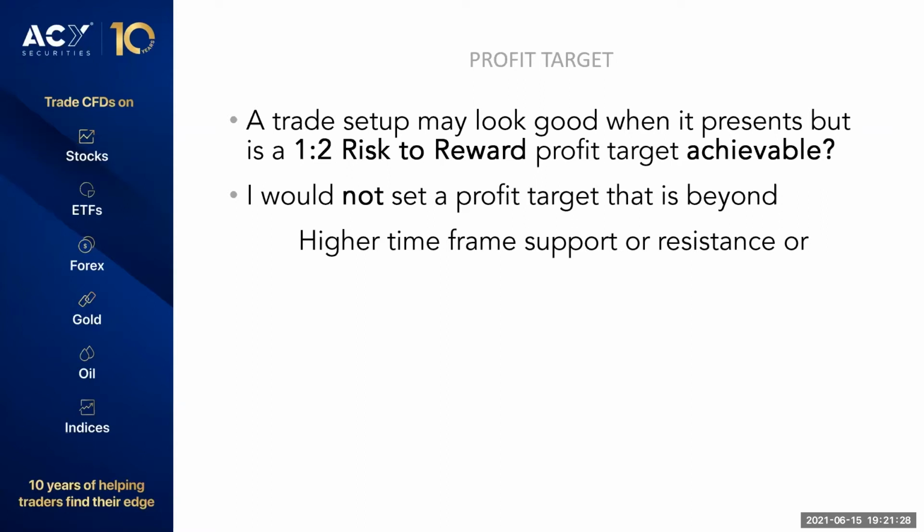So if I've got, for example, a 4-hour or a daily resistance or a weekly resistance level ahead of me in a buy trade, if I have to get beyond those levels to make my 1 to 2 risk reward, I might be asking too much, because price might stop at resistance and then I can't get my 1 to 2 target.